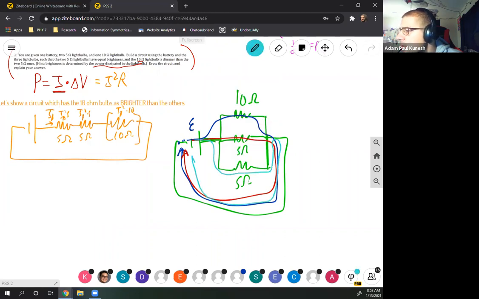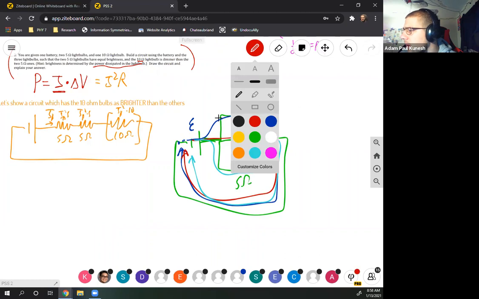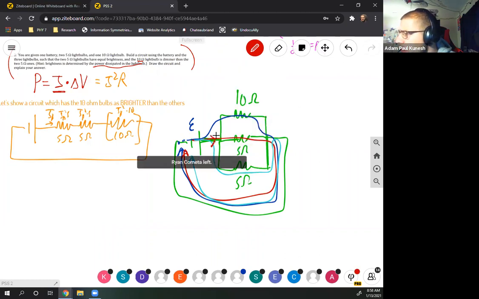The current in each of these bulbs is no longer the same. Or rather, the two 5-ohm resistors still have the same current through them, but the 10-ohm one is going to have a different amount of current. The current from the battery splits into 3 parts. I'll call them I1, I2, and I3.